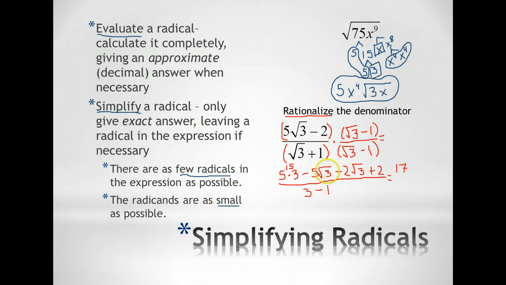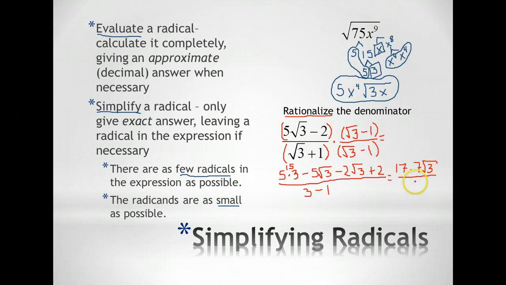So since this is the square root of 3 and this is the square root of 3, I could pretend that these were x's. If I had minus 5x minus 2x, I would say minus 7x. So this is minus 7, and then my variable is my radical. It's not x, it's the square root of 3. So the numerator is 17 minus 7 times the square root of 3.